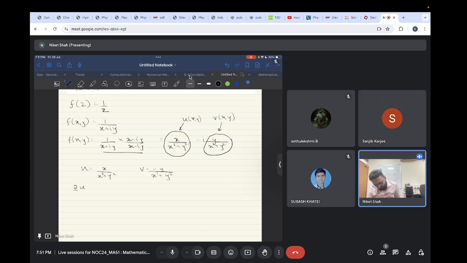What is the Cauchy-Riemann condition? Del u by del x is equal to del v by del y, del u by del y is equal to negative of del v by del x. So these are my Cauchy-Riemann conditions.